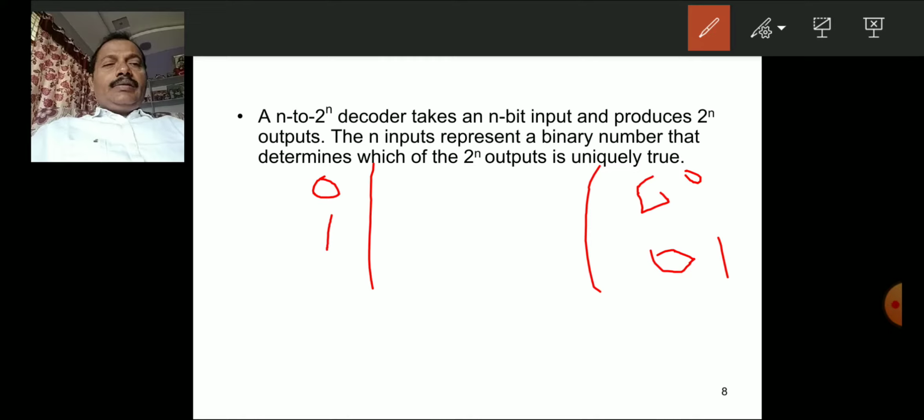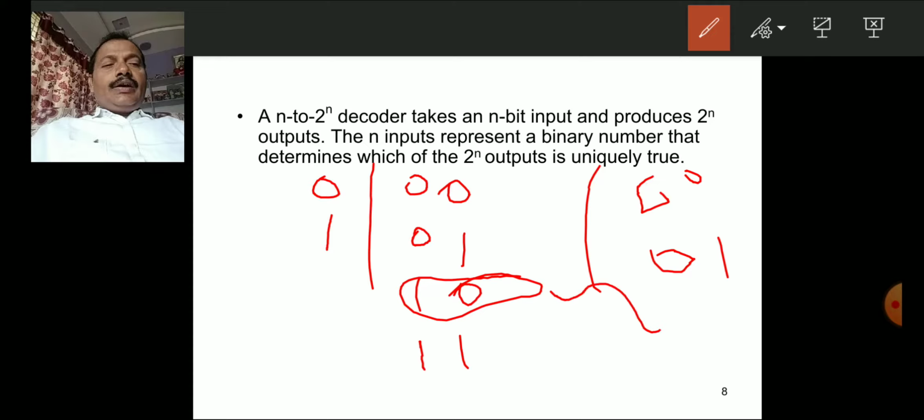How many houses can you detect? 2 power 2 means you can detect four houses: 00, 01, 10, 11. If 10 is given, that is the address of the second house, number 2. If this is the address, this is the third house.